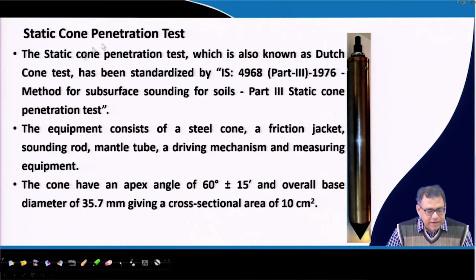So, the static cone penetration test, the IS code for this test is 4968 Part 3, 1976.